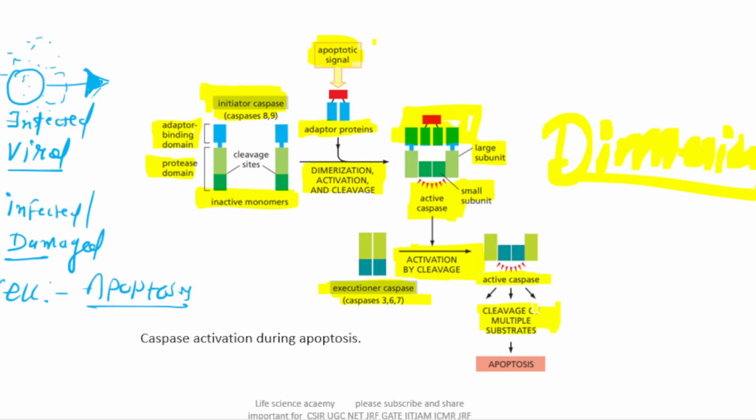Once an executioner caspase is active, or more appropriately said, the apoptotic pathway is running in that particular cell. So these are the mechanisms, the machineries which participate in the apoptosis process.